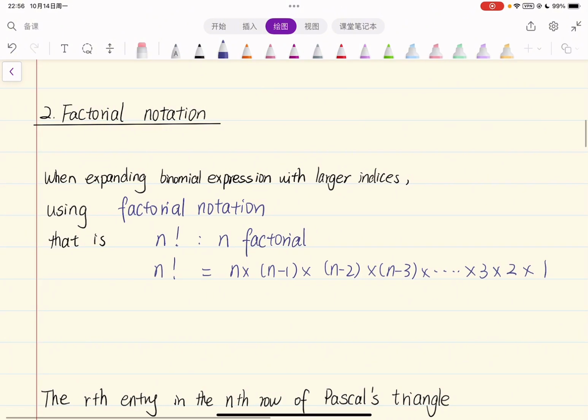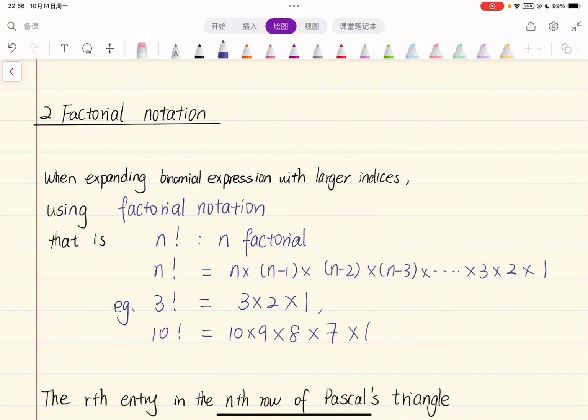For example, we have 3 factorial that equals 3 times 2 times 1. 10 factorial equals 10 times 9 times 8 times 7 times 6 times 5 times 4 times 3 times 2 times 1.